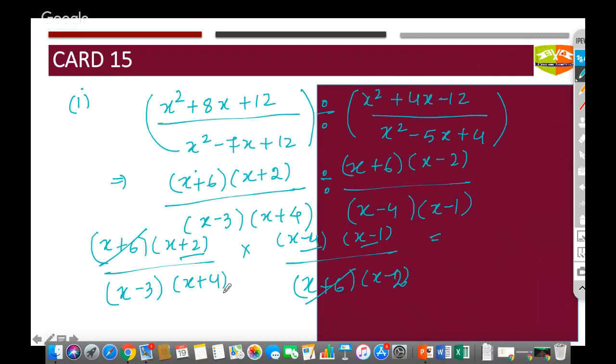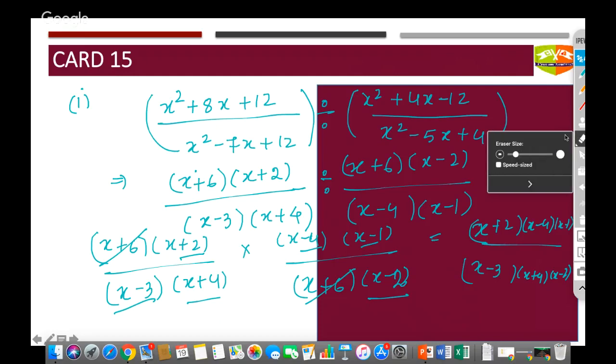In the denominator, x minus 3 x plus 4 and x minus 2. So you can write x plus 2 x minus 4 x minus 1, and then you can write x minus 3 x plus 4 and x minus 2. This is what the answer would be. Now let me move to another question.